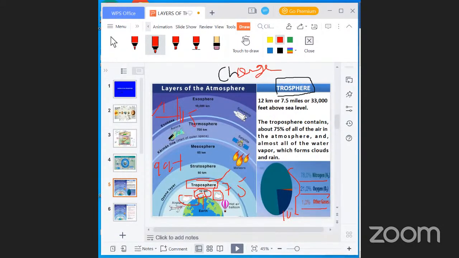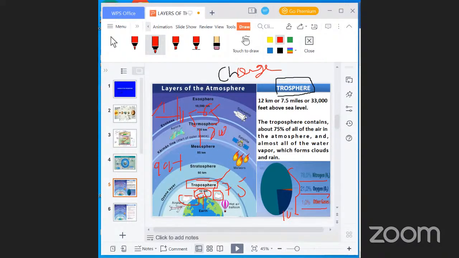Many people also write it as 6.5 degrees Celsius per 1000 meters. You can write 1 degree Celsius for every 165 meters, or you can write 6.5 degrees Celsius per 1000 meters, that is for 1 kilometer, right? It is an average value, so you can take either of them, okay?